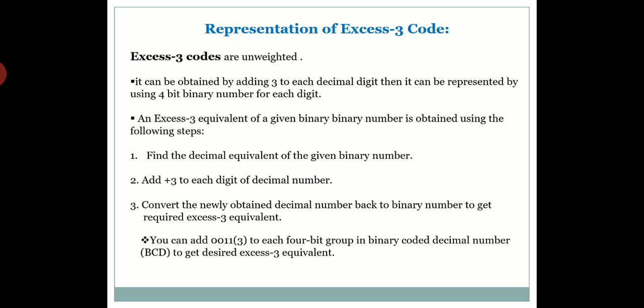An XS3 equivalent of a given binary number is obtained using the following steps. Step 1, find the decimal equivalent of the given binary number. Step 2, add +3 to each digit of the decimal number.